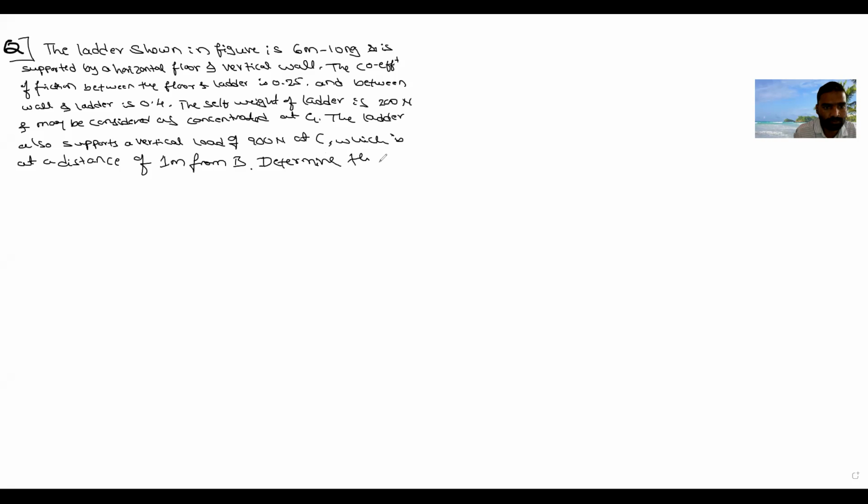Determine the least value of alpha at which the ladder may be placed without slipping.